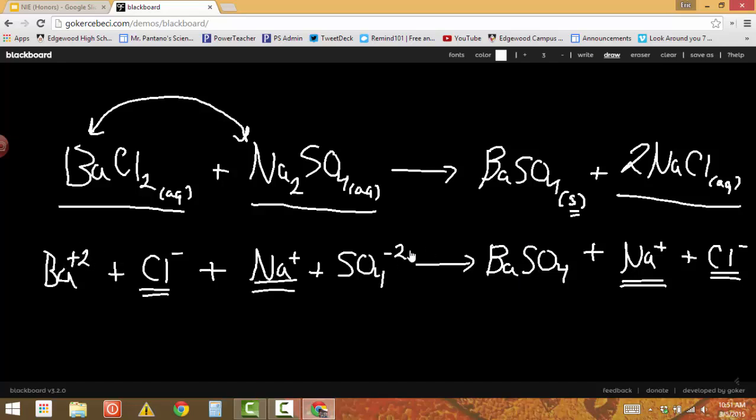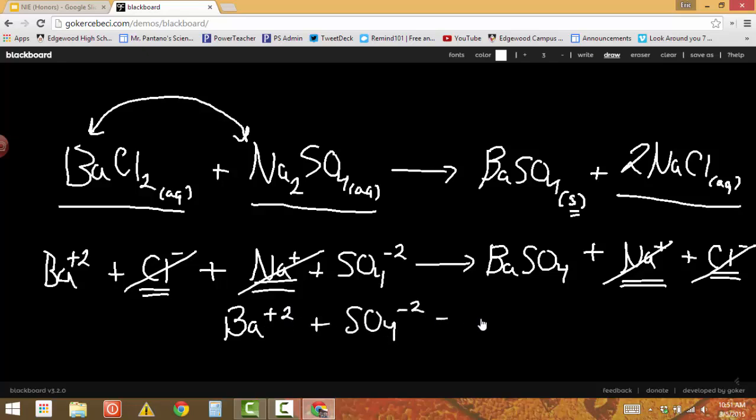This one is part of a compound. Same thing with sulfate. So I leave those. The other ions, the ones that are exactly the same, I'm going to omit. And so I'm just going to write what's left: Ba+2 plus SO4 -2 goes to BaSO4. Okay?